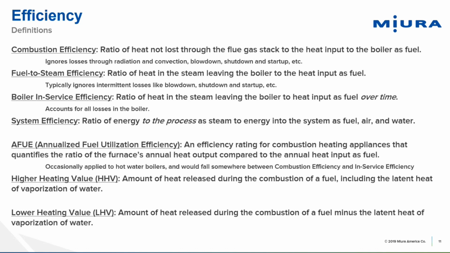This one is a term that's not really used industry-wide as much, but it's a term we use at Miura often, and we're going to talk about it a lot in this presentation, and that's in-service efficiency. So that's the ratio of heat in the steam leaving the boiler to heat input as fuel over time. So it's accounting for all of the losses within the boiler and that main boiler part of the system.